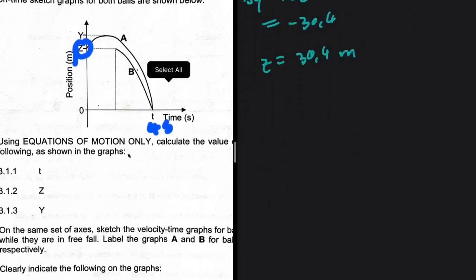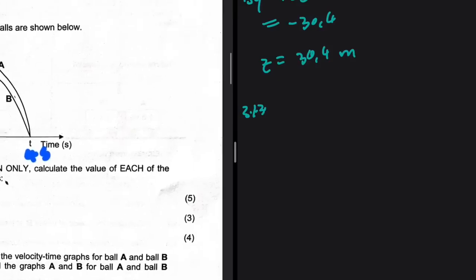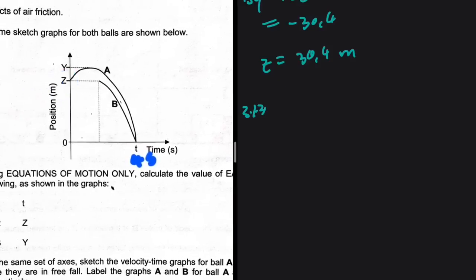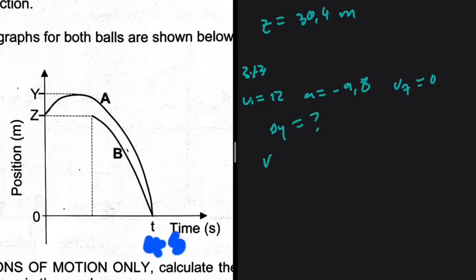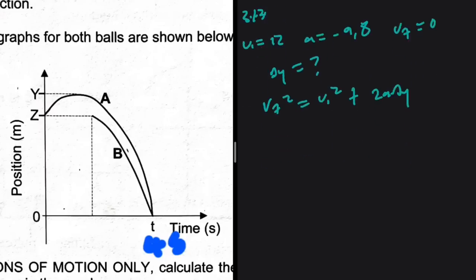Okay, what about 3.1.3? We are looking for the value of y. So y is the maximum height reached by A. If I still remember, A's initial velocity is 12, the acceleration is minus 9.8. At maximum height, we know that vf is equal to 0, and we are looking for delta y. So let's do that. vf squared is equal to vi squared plus 2a delta y. So we have 0 squared equals 12 squared plus 2 times minus 9.8 delta y.